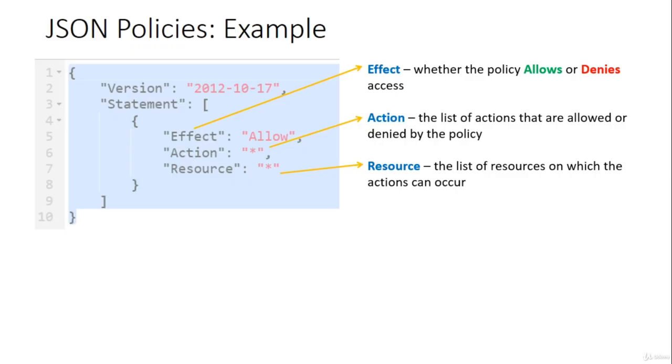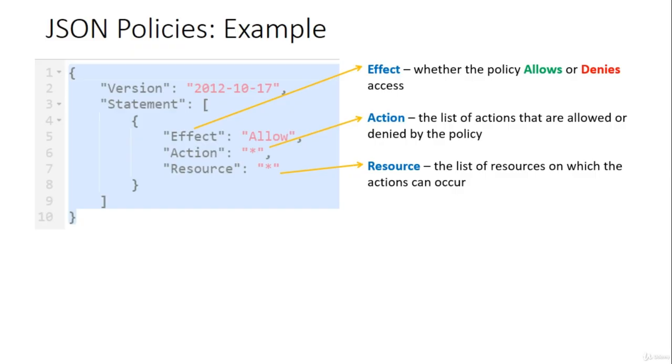In case of resource, it is applicable for every resource. It can be translated something like every action in every resource is allowed under this policy. So it looks very powerful, right?